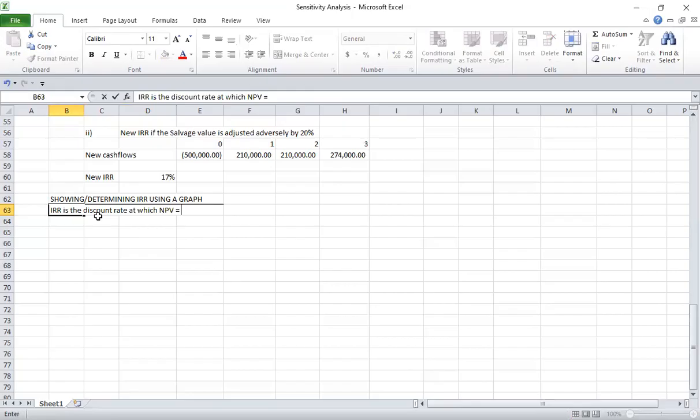We had said that the internal rate of return is the same as the discount rate at which we have zero NPV. So at which NPV equals 0.